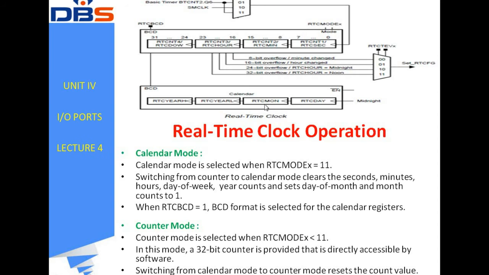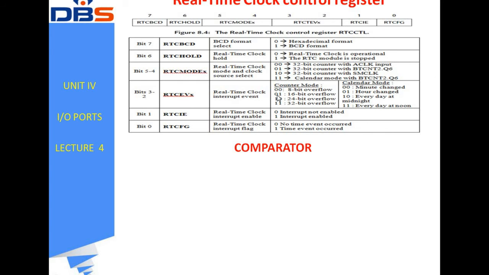If it is 01, then 16-bit overflow, 10 is 24-bit overflow, and 32-bit overflow in 11. In calendar mode, the minutes will change, hours will change, the day at midnight will change, and every day at noon will change.